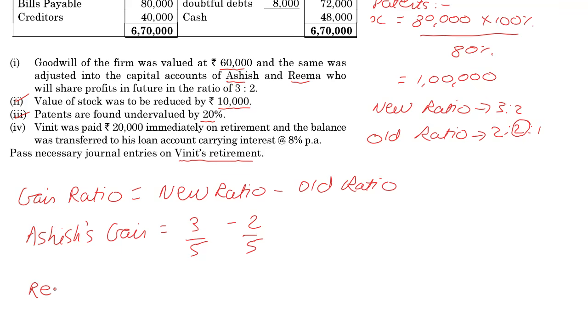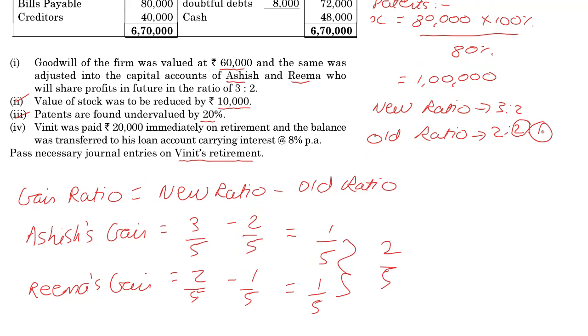And similarly, Reema's gain is going to be 2/5 minus 1/5. You'll notice how both of them end up becoming 1/5. Add them up, you will get 2/5, which is, by the way, the retiring partner's share. That's how you know you're right. So I have 1/5 to 1/5, which I can say is 1:1. So the gain ratio is 1:1.